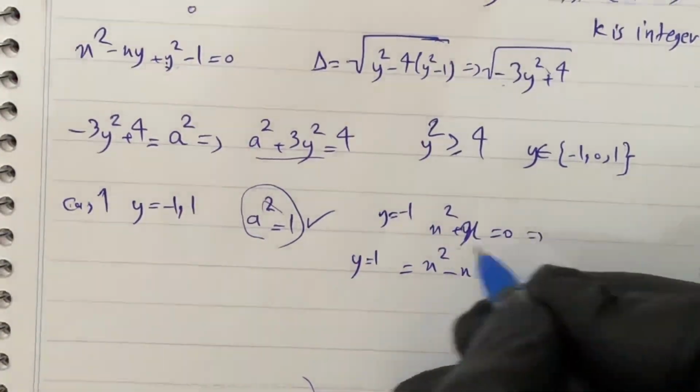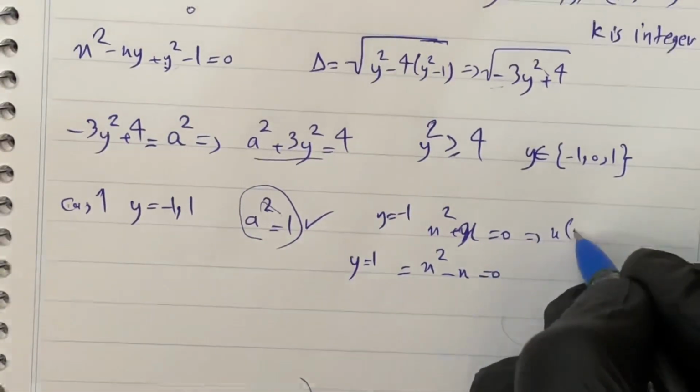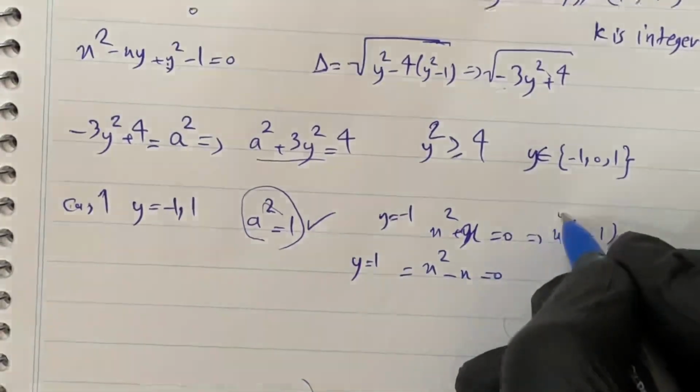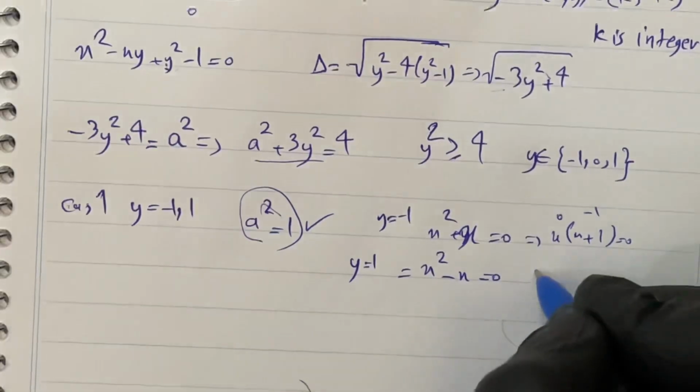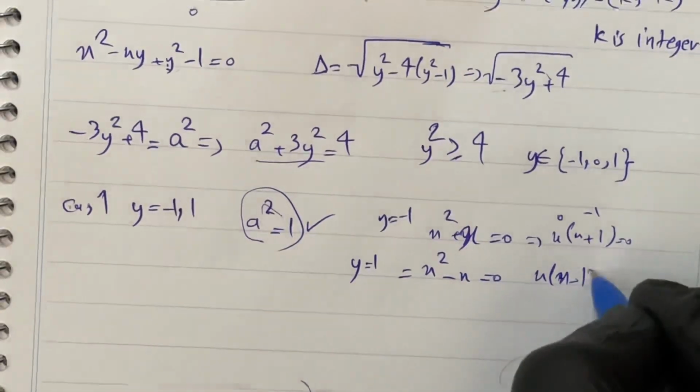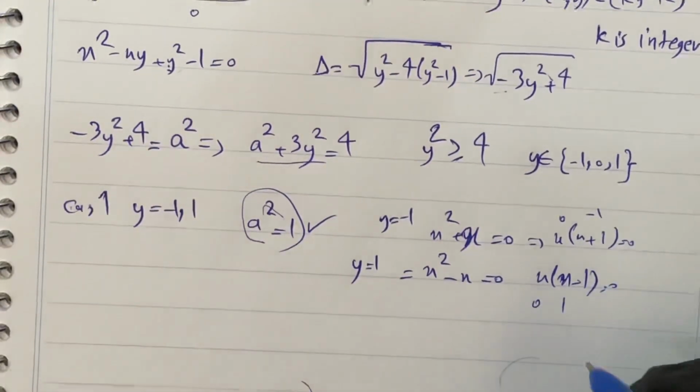For the first, the answers are 0 and negative 1, and for the second, the answers are 0 and 1.